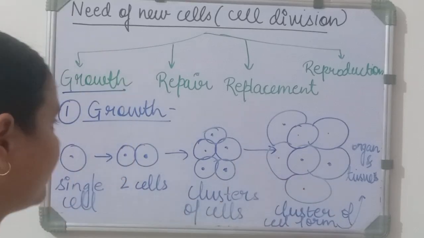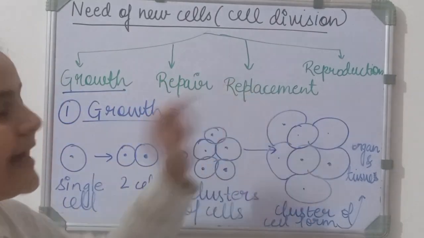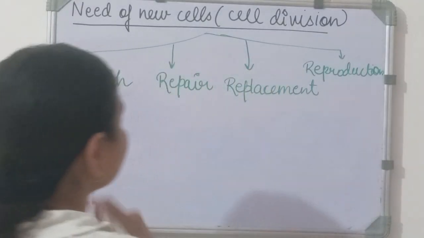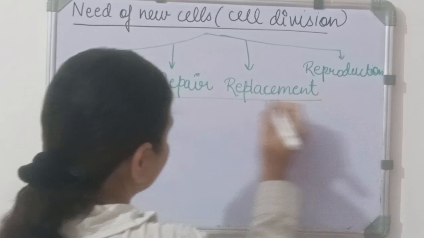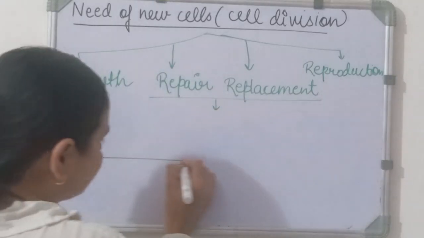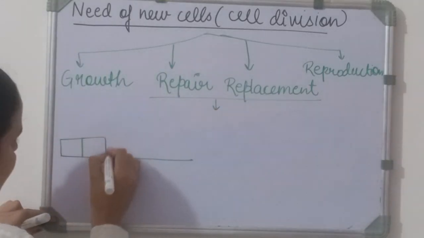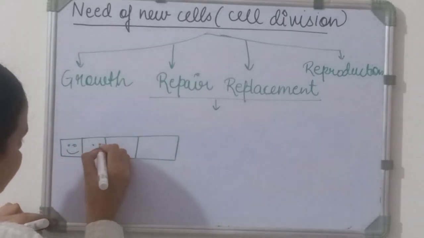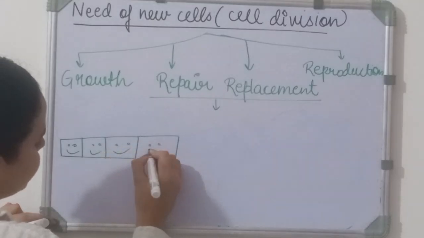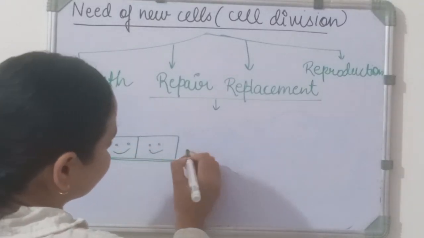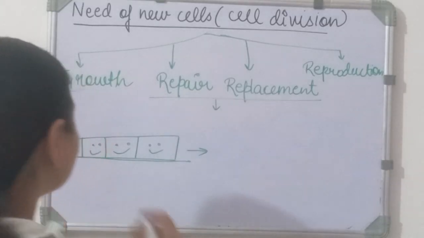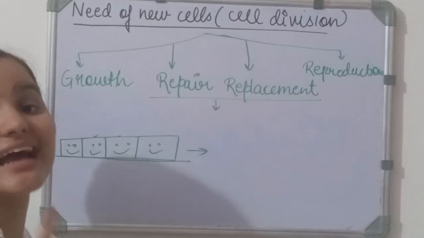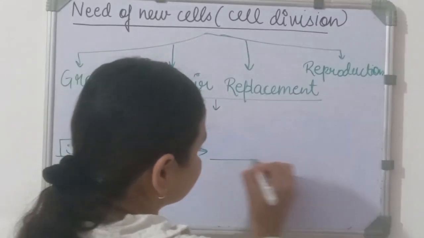Okay, now let's study repair and replacement. Let's understand repair and replacement through this simple diagram. I'm drawing a diagram for this. These are the cells of our body.